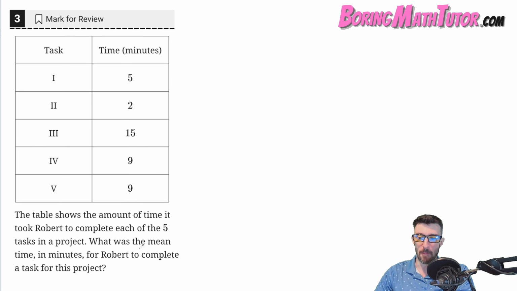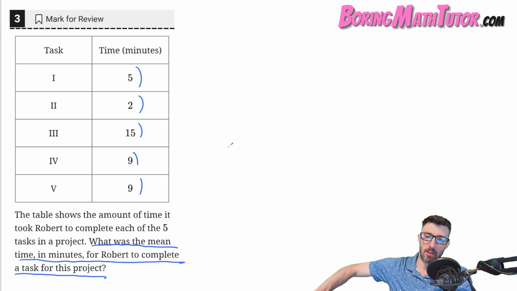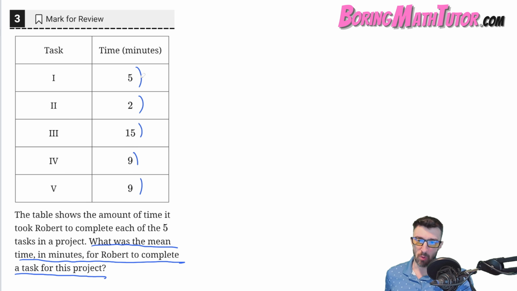Let's keep going. What was the mean time in minutes for Robert to complete a task for this project? Well, they gave us 1, 2, 3, 4, 5 values. We just got to add them up and divide by 5. Why break out decimals when it's easy enough to do by hand? 7 plus 15 is 22.